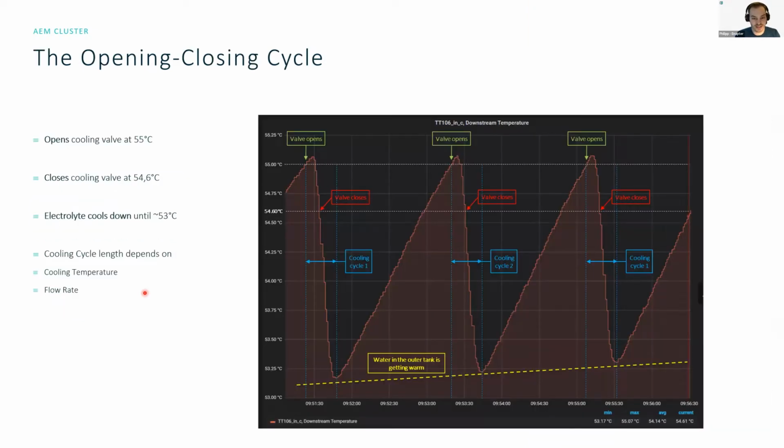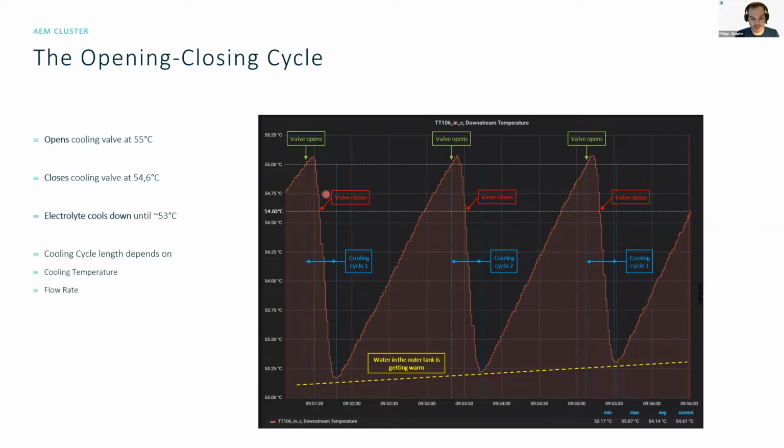Okay, let's take a look how the opening and closing cycle in the liquid-cooled version looks like. What you can see here is a diagram from our dashboard, so everything that you can see online. And we have here a temperature curve.